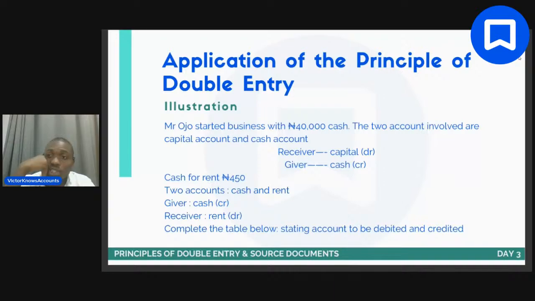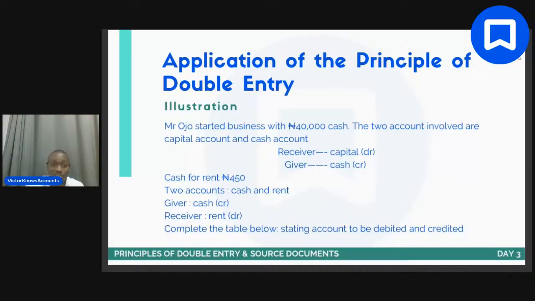All right. Now you can note this. Officially, the double entry principle states that for every debit entry, there must be a corresponding credit entry and vice versa.